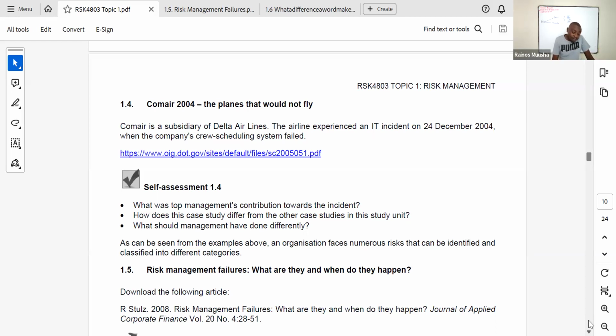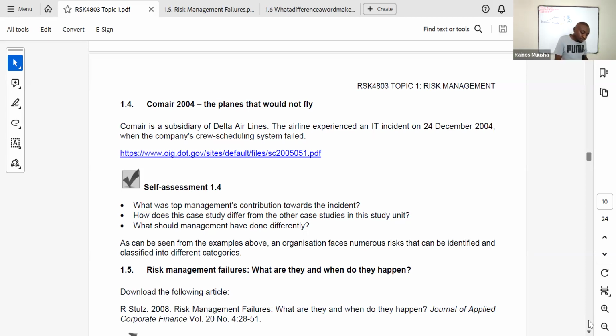So these case studies are there. Please go to these particular case studies because remember, from a risk management perspective, they also enable you to see exactly and identify: where was the risk management failure? What are they? And how should you now be able to mitigate them in case they also happen to the organization that you're going to be working in as well.